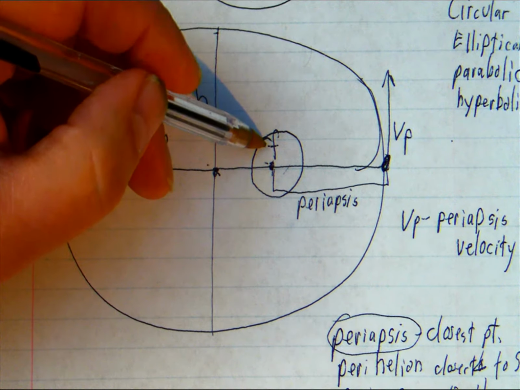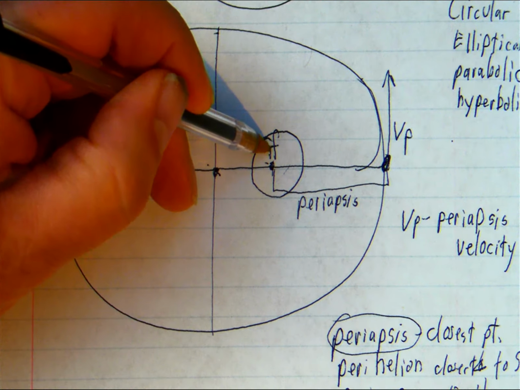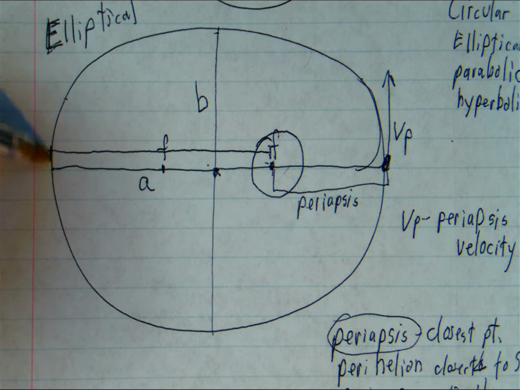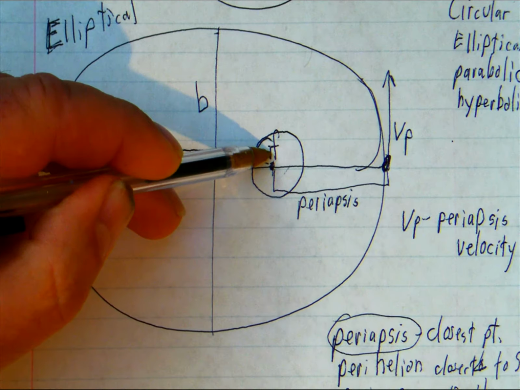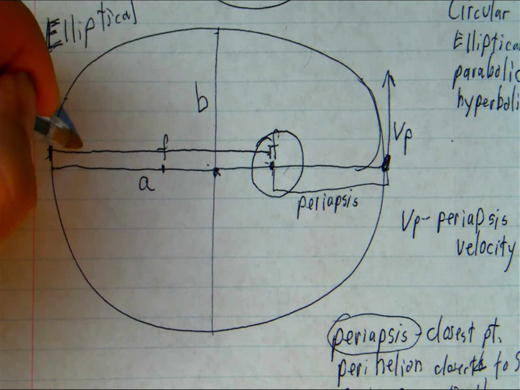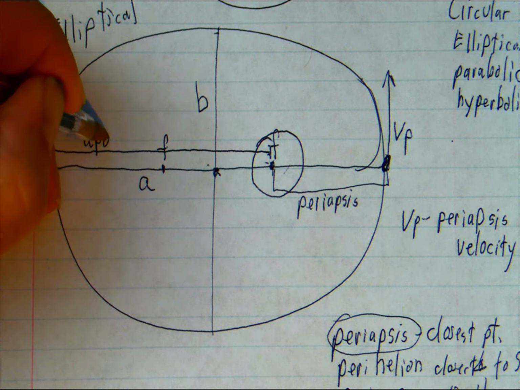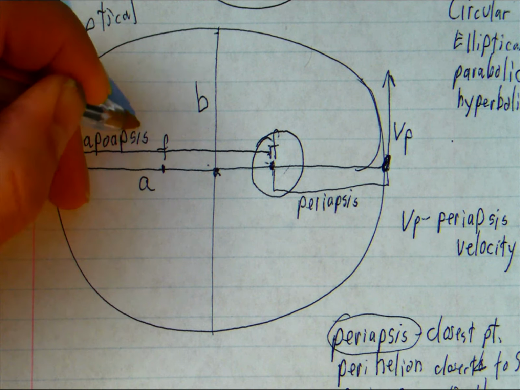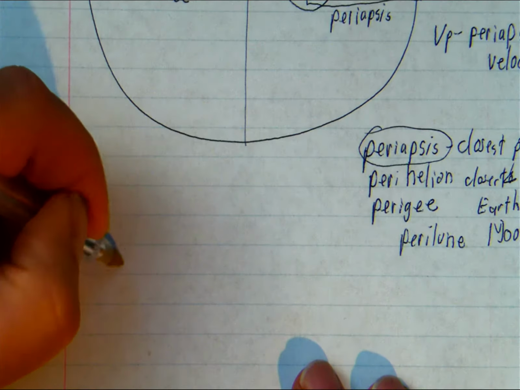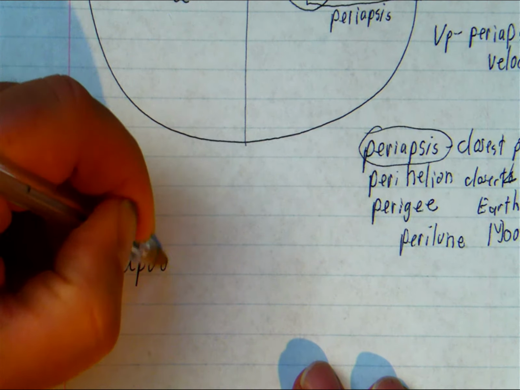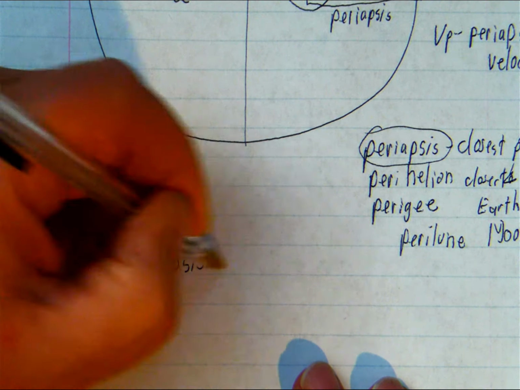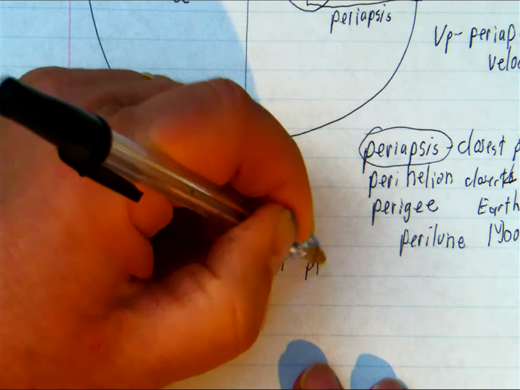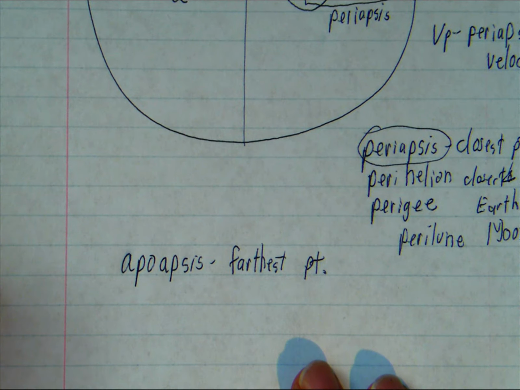There's also a name for the farthest distance in an orbit from a central body. That farthest distance is called apoapsis. So apoapsis means farthest point in an orbit from a central body.